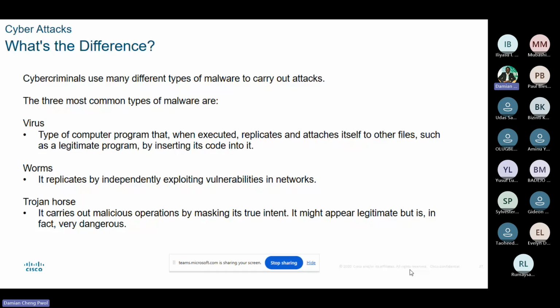Trojan horse, it carries out malicious operations by masking its true intent. It might appear legitimate, but is in fact very dangerous. So you could have a Trojan horse, maybe, like in this part of our world, we love free things online.